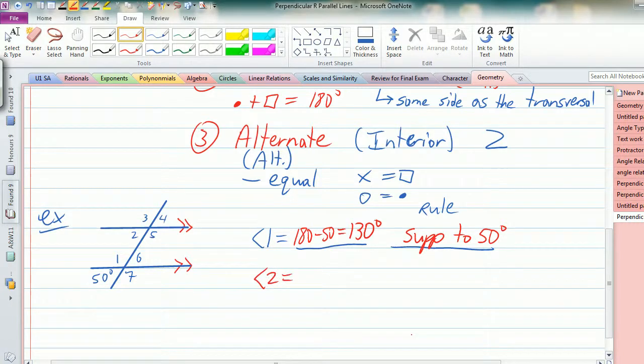Now let's find angle 2. What does it equal? Well, we can refer to angle 1, and we can also refer to 50 degrees. So we're actually going to have 2 reasons. What's its value? Does anyone know yet? Yep. It is 50 degrees. Why?